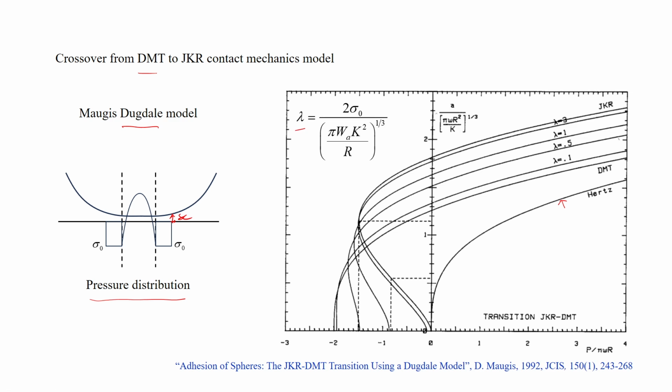It is dimensionless, where sigma 0 is the critical stress at the interface, W is the work of adhesion, and capital K is 4 E star by 3, a measure of the Young's modulus. E star is the effective elastic modulus, and capital R is the relative radius of curvature.